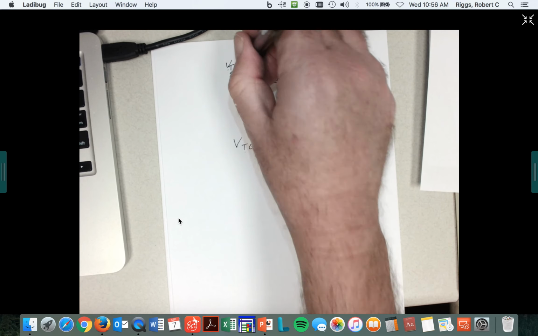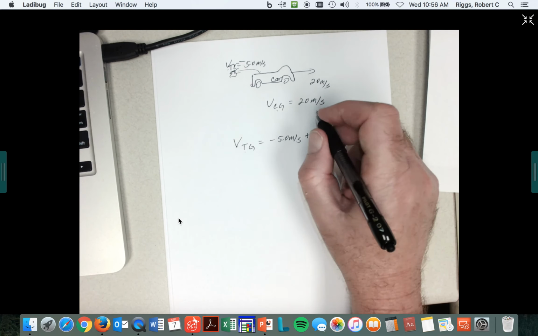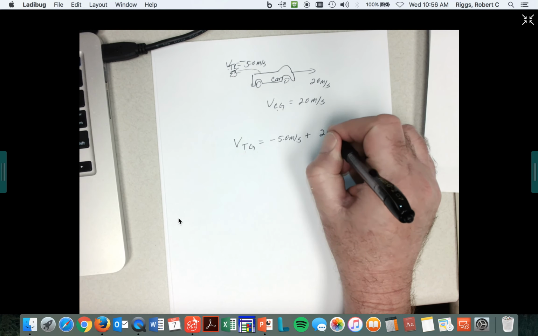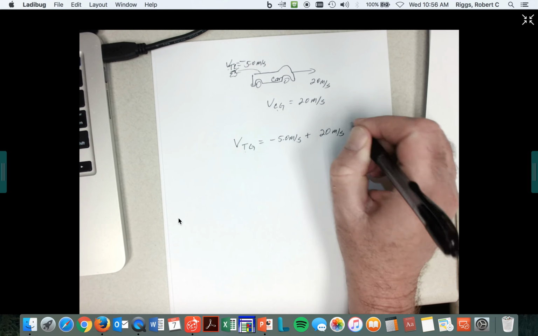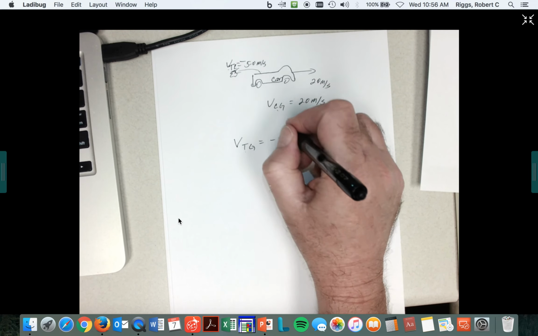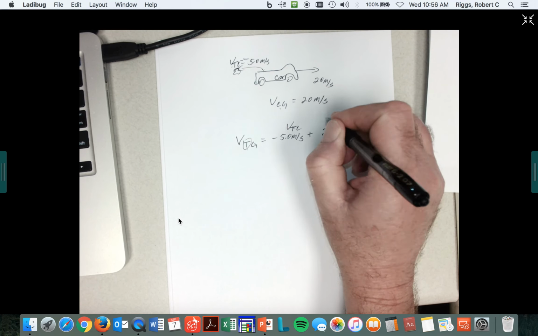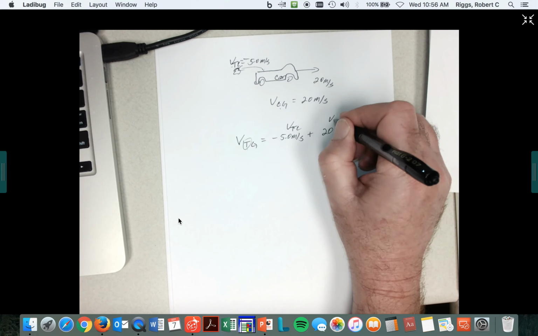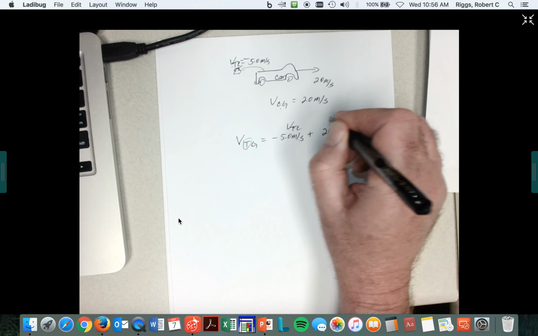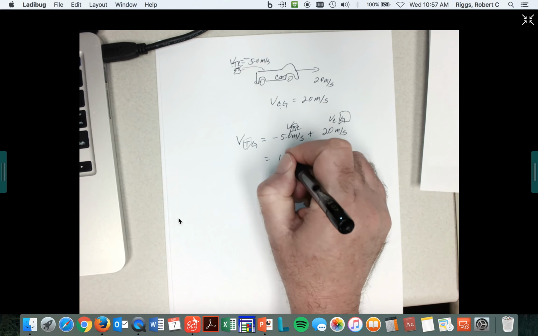So trash to car is that, and then the velocity of the car to the ground. So I've got VTC, which is the first thing I want, plus velocity of CG, making sure of the subscripts, is positive 15 meters per second.